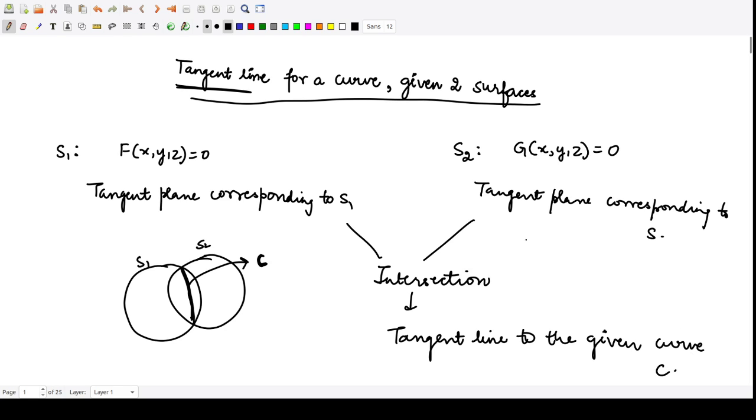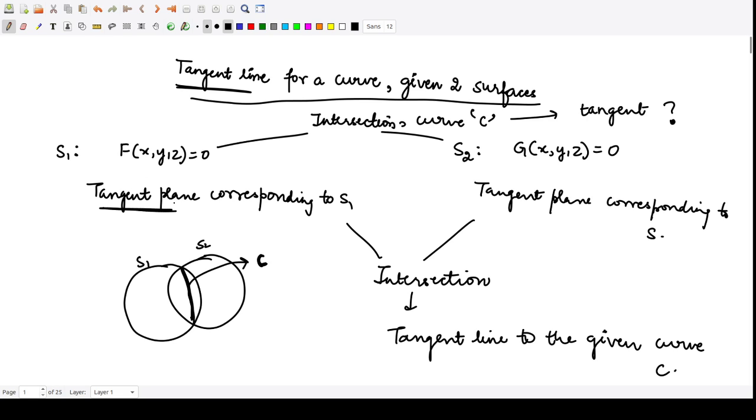What is the situation? S1 and S2 are surfaces, and their intersection is marked by the curve represented by C. So if we are to calculate the tangent for this particular curve C, you can calculate the equation of the tangent plane corresponding to the first surface and the second surface, and then take their intersection, and whatever is the intersection would be the tangent line.